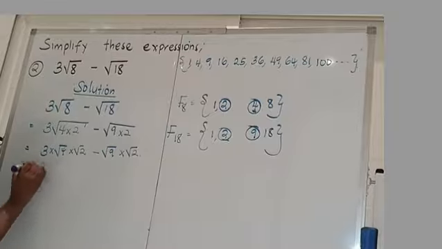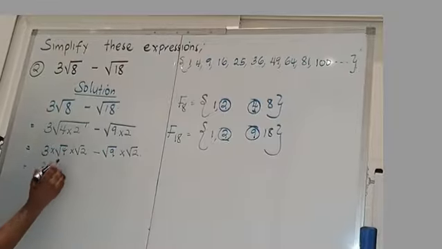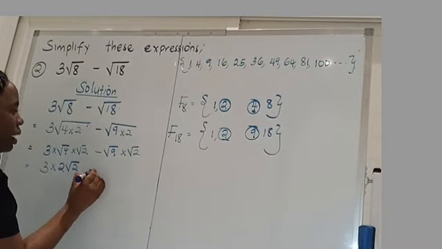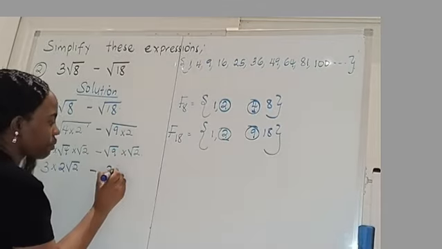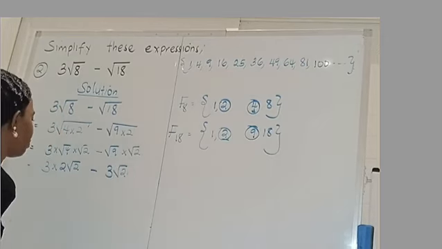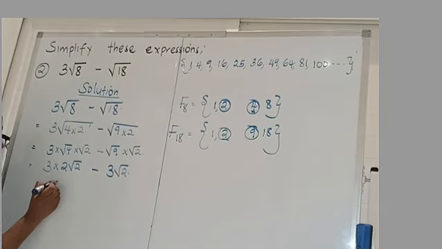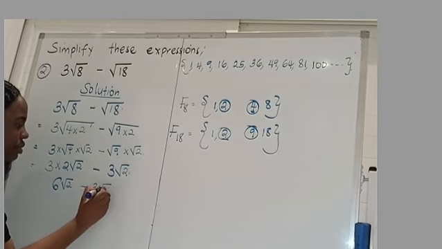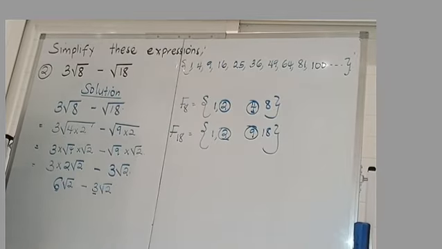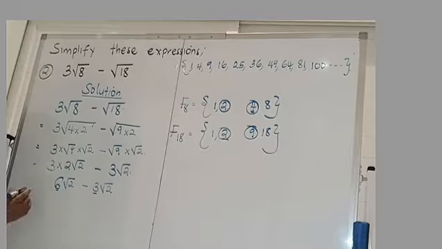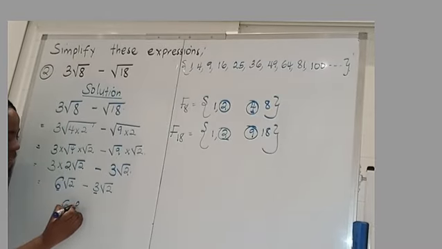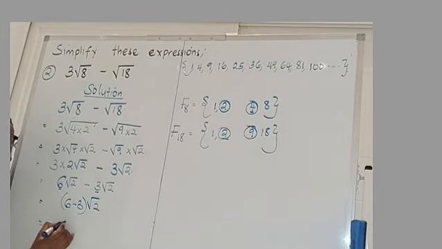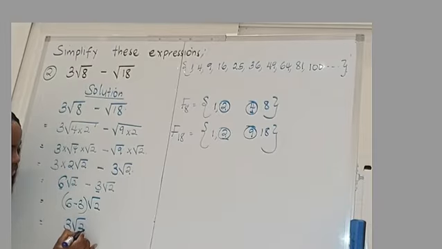So we shall have 3 times the square root of 4, which is 2, then root 2, minus the square root of 9, which is 3, times root 2. This is 3 times 2, 6 root 2, minus 3 root 2. Then let us subtract these scalars because they are like surds. So I will have 6 minus 3, root 2, and the answer is 3 root 2.